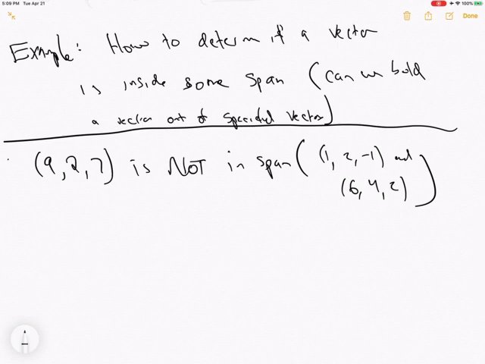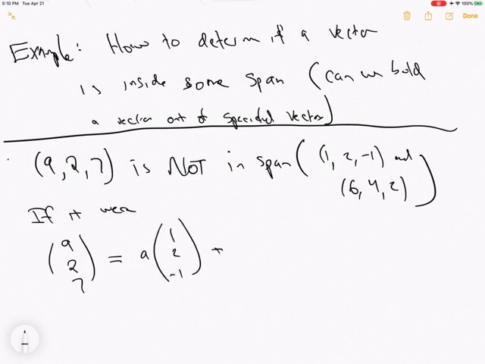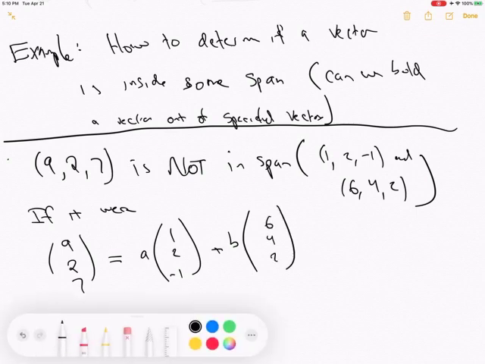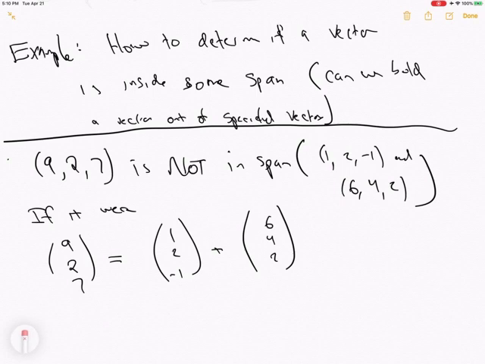Well, if it were in this span, that means we could write, and I'm going to write things as a column, you'll see why, the vector (9, 2, 7) as some number, say a times (1, 2, -1), plus some other number b times (6, 4, 2). Actually, maybe I'll use x's and y's instead, just to be fun.